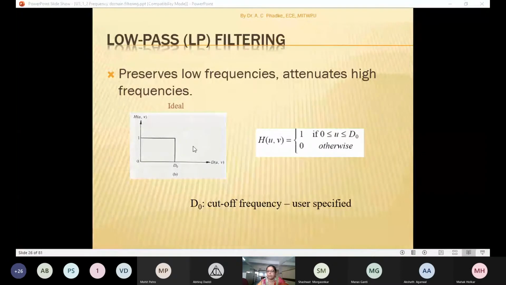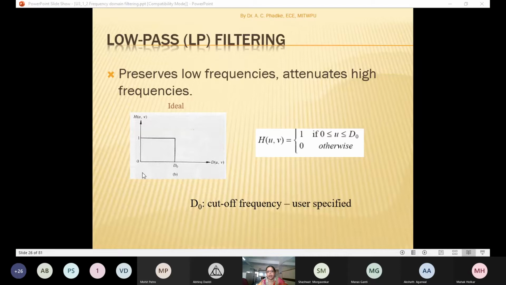Now the same ideal low pass filter function we can use for images in the frequency domain. The only modification we need is that instead of a single frequency axis, we now have one more frequency axis. So if this is your U axis, we have one more axis, the V axis, and we can get the filter function simply by rotating this shape around this vertical axis. So what shape will we get if we rotate this rectangle around this vertical axis?